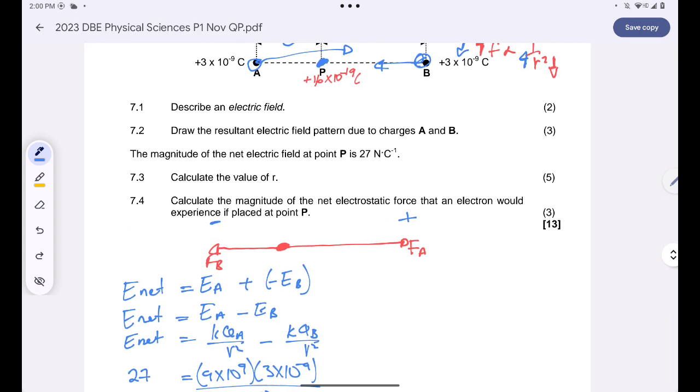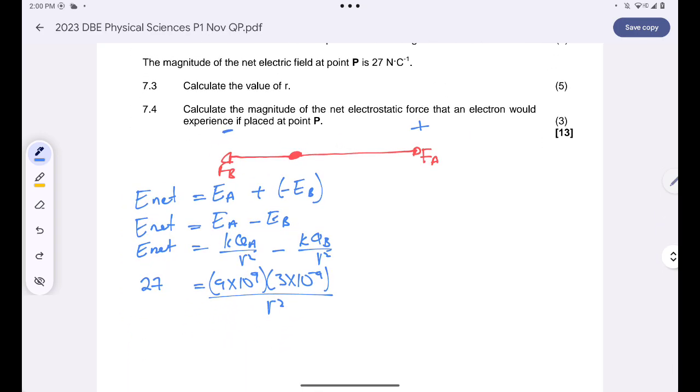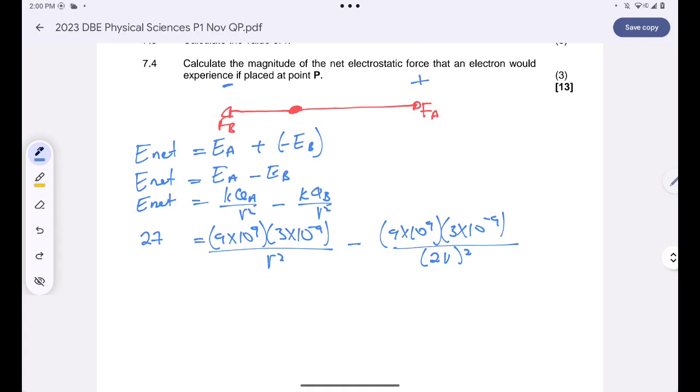The distance between A and P is r, right? Same thing applies here: 9 times 10 to the power 9, 3 times 10 to the power negative 9, but the distance is 2r all squared. So this will give me 27 being equal to 27 over r squared minus 27 over 4r squared.